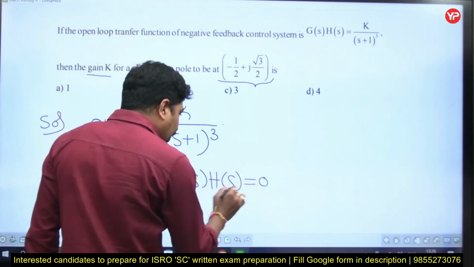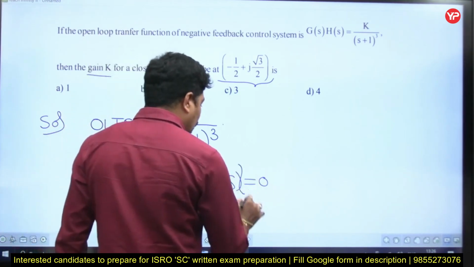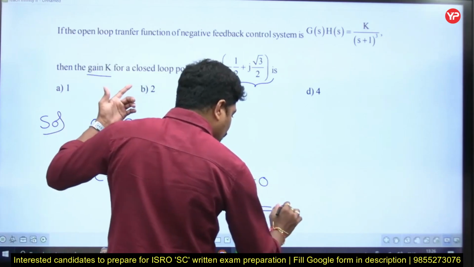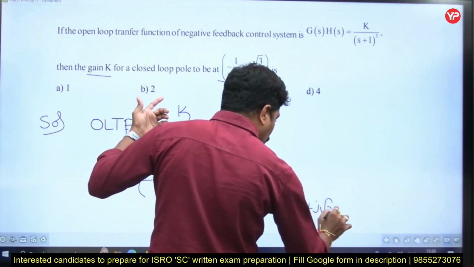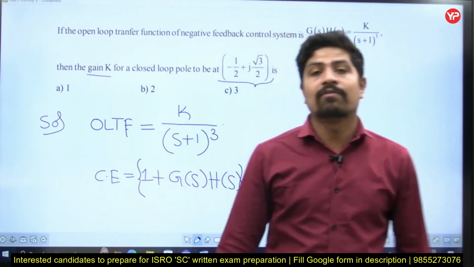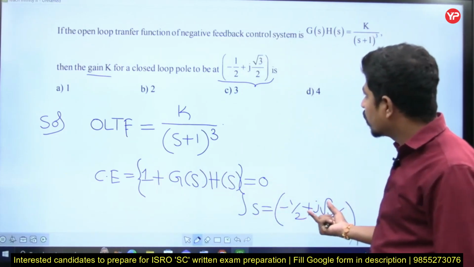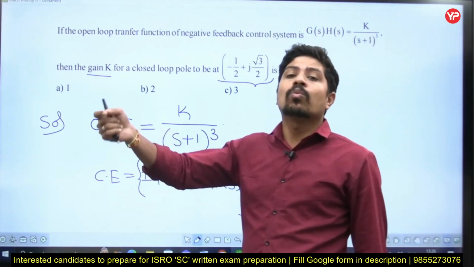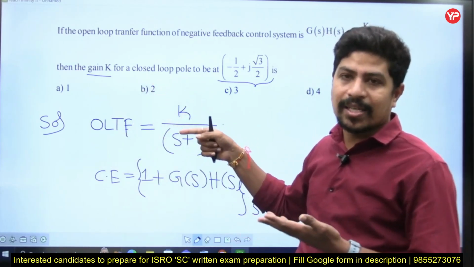Now in this equation, if you substitute that s, what is that s? -1/2 + j√3/2, it has to satisfy. Why? Because he is saying that this -1/2 + j√3/2 is the closed loop pole of the particular transfer function or system or characteristic equation.